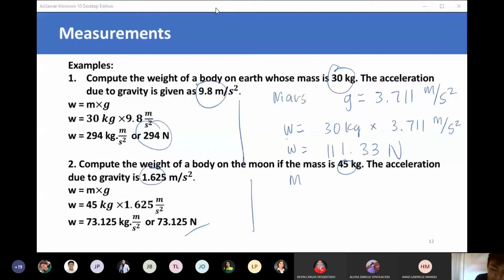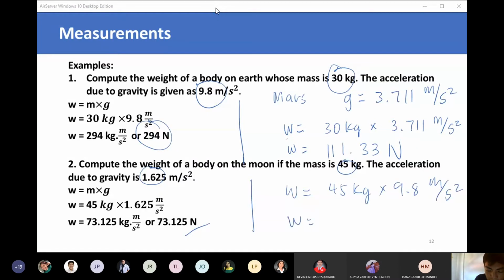If that is on Earth, wait a moment. If you are going to measure the weight on the Earth, weight is 45 kilograms times 9.8 meters per second squared.